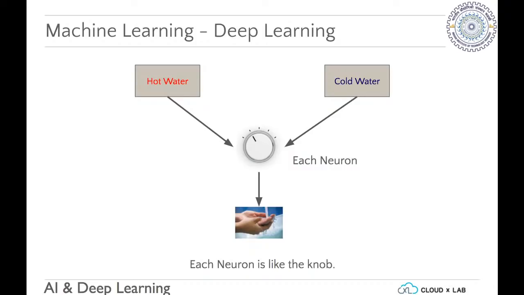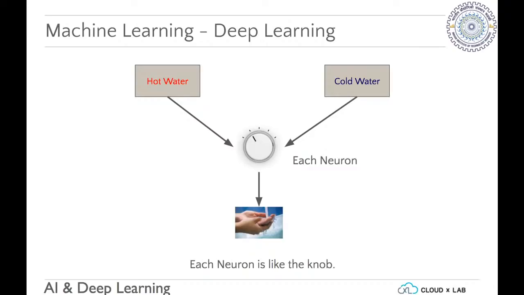So this knob represents that neuron. It's getting the inputs, hot water and cold water, and the algorithm is tweaking this knob. It's basically trying to go to the left slowly and then see whether it became too hot. If it did not become too hot, then it'll keep going, otherwise go to the other side.